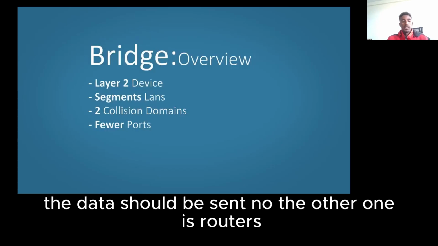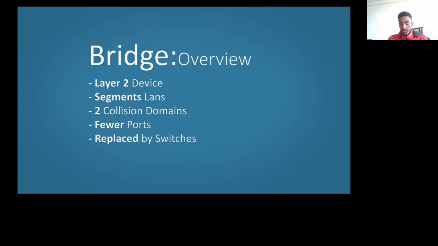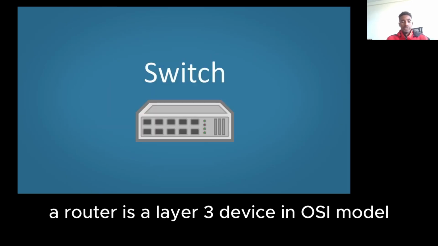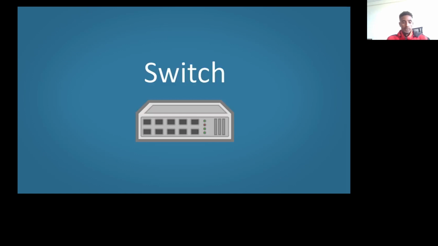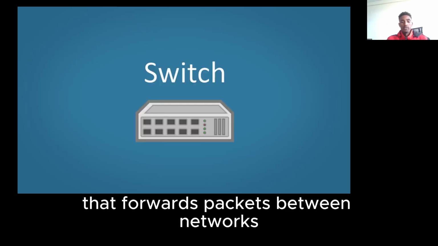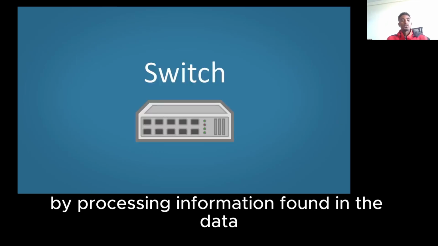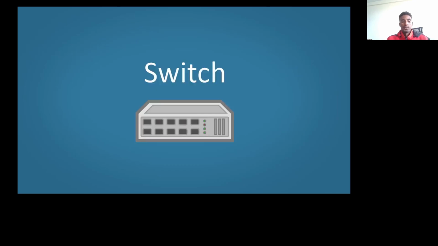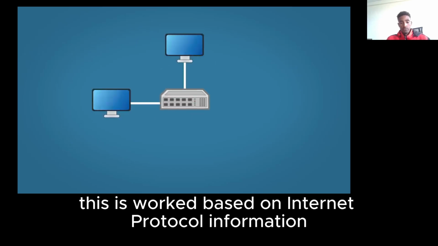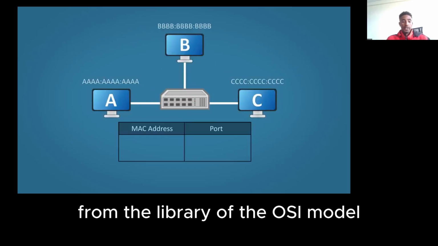Now, the other one is routers. Router is a layer 3 device in the OSI model. It is an inter-networking device that forwards packets between networks by processing information found in the datagram or packet. It works based on Internet Protocol information from layer 3 of the OSI model.